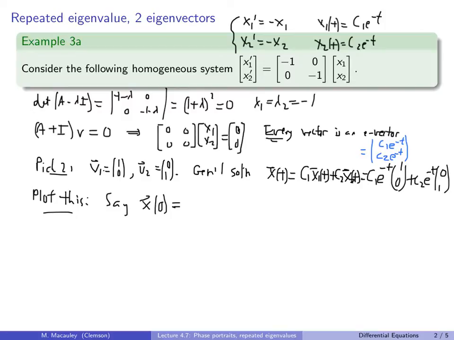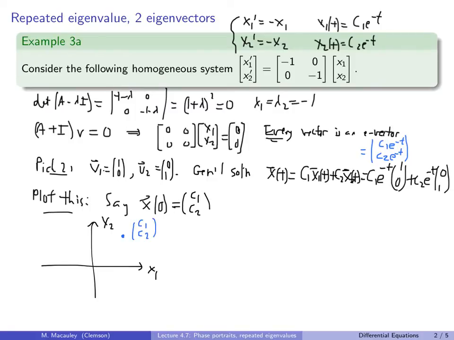So let's just call our initial point c1 and c2. So here, this is going to be our phase portrait. This is x1, this is x2, and let's suppose that our initial point is right here, and this is c1, c2.